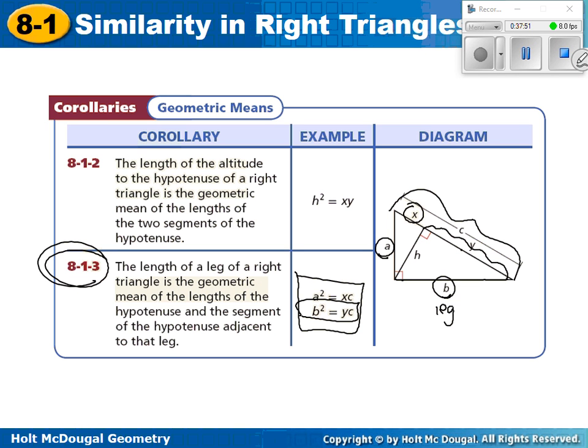Would you agree that AD over BD should equal BD over CD? Do you agree with that? Using this similarity statement, AD over BD should equal BD over CD.